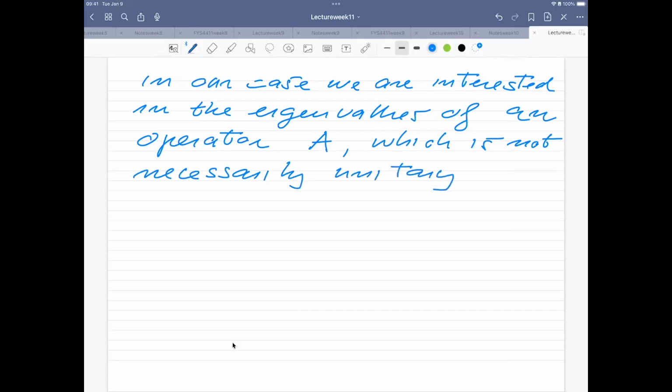So that means that everything we've shown till now may not be used. I just say may, which means that it actually can be used. But A is not necessarily unitary; we assume that it is Hermitian.